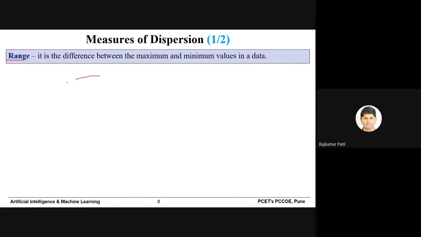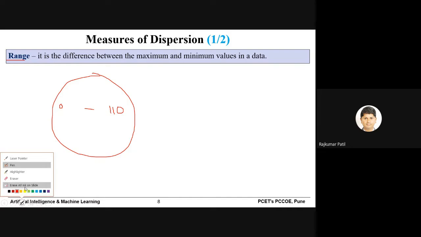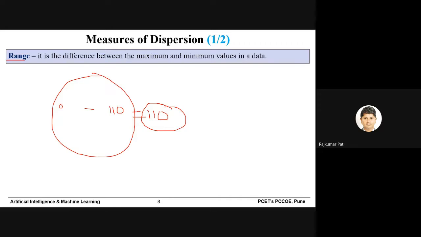Suppose a data set is there, and in that data set the minimum value is 0 and the maximum value is 110. If we take the difference between these two values, then it is called the range. From a mathematics point of view, we can very easily understand it, and if that number is big, then we can say that the data is very spread.